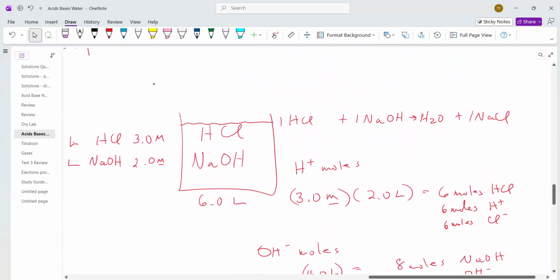Now, the last two labs, the two wet labs, are reading something called titration. Titration is when you mix an acid and a base together and you can calculate the unknown concentration of the base or acid. That's the essence of titration.